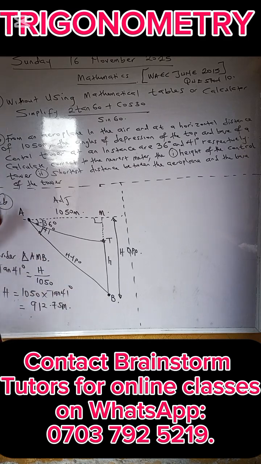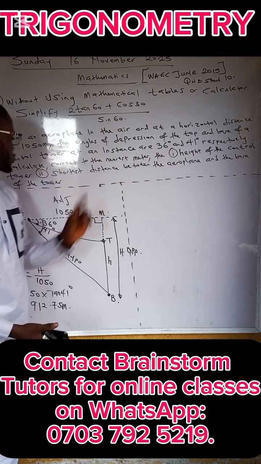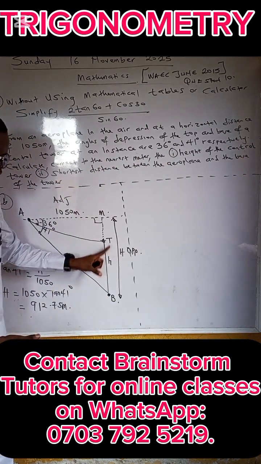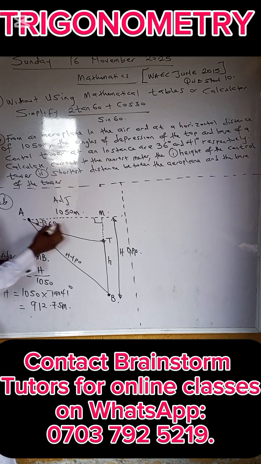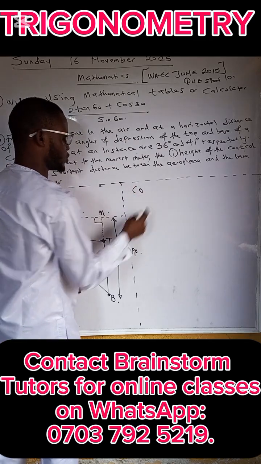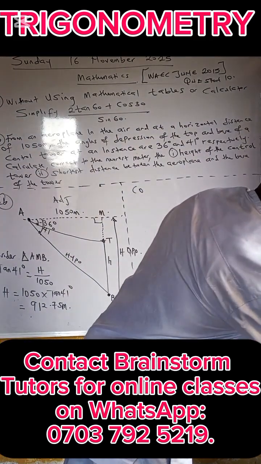Now, what they only ask us to calculate is the height of the control tower. That means the height TB, which is the small letter h. Now, how can I get the small letter h? It's also very simple. We just need to consider this triangle AMT.